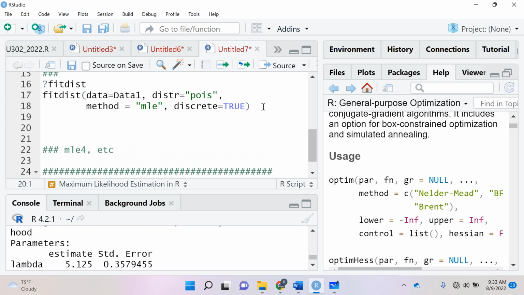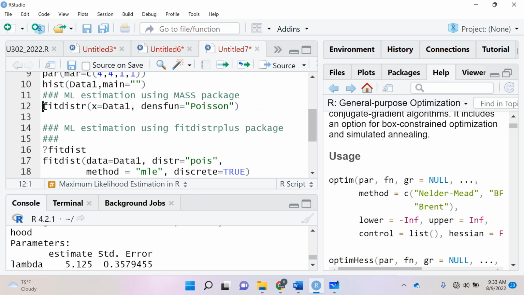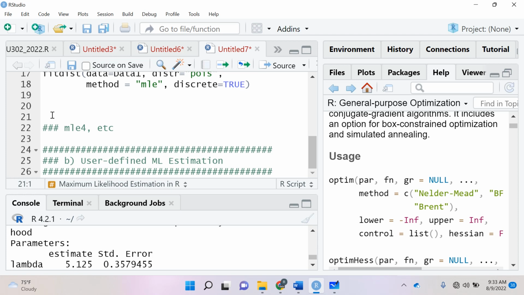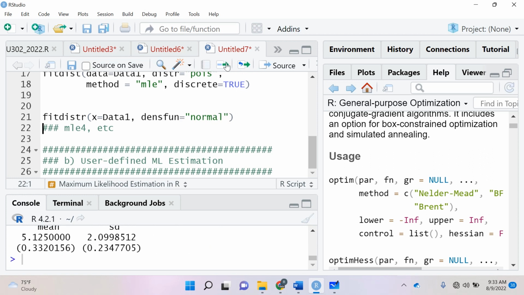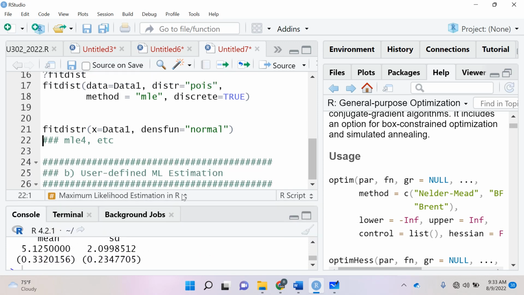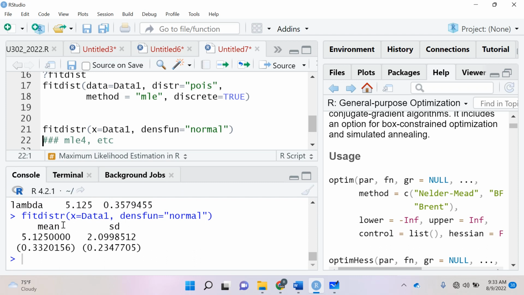Because I'll talk about the normal distribution, let me do the normal distribution as well. So let's say I come here, I want the normal distribution, I want a data set, even my data, the one that I talked about, I can check if I can fit a normal distribution to it. When I fit this normal distribution, it says it has a mean of 5.12 and then a standard deviation, even though the data is discrete.